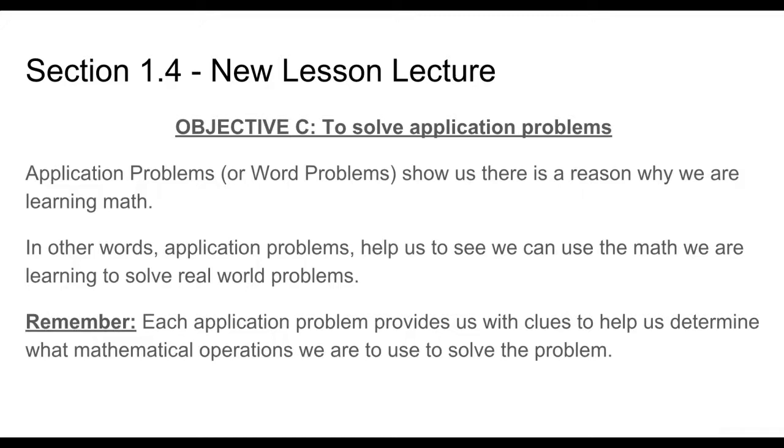Remember, Peter, that application problems, or word problems as they're also known, show us there is a reason why we are learning math. In other words, application problems help us see that we can use the math we are learning to solve real-world problems.